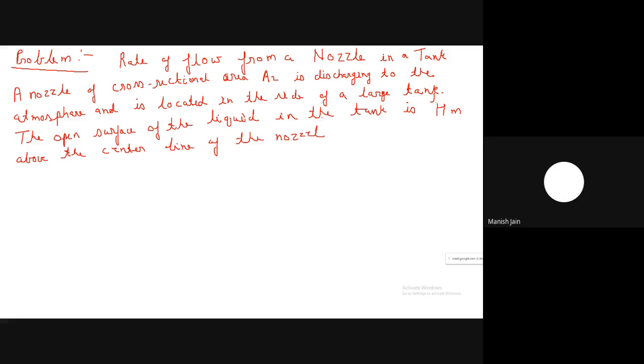Calculate the velocity v2 in the nozzle and volumetric flow rate of the discharge if no friction losses are assumed.